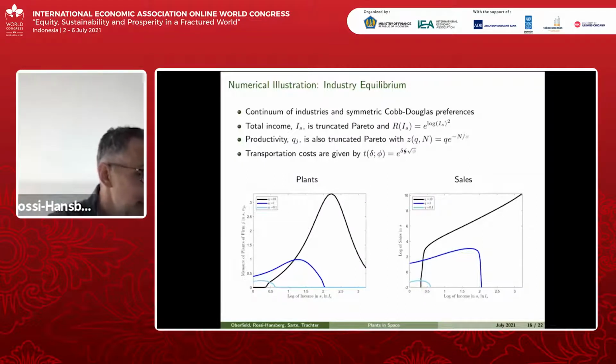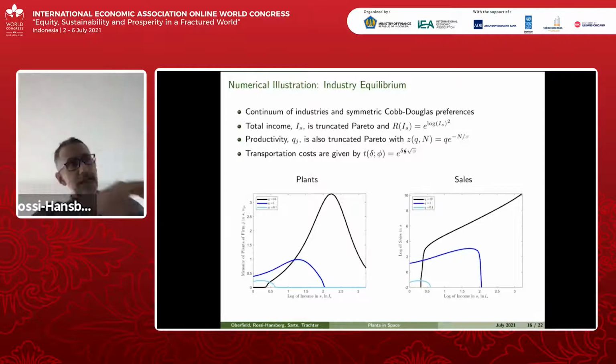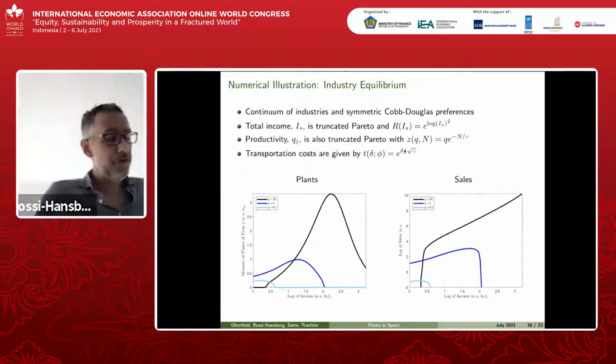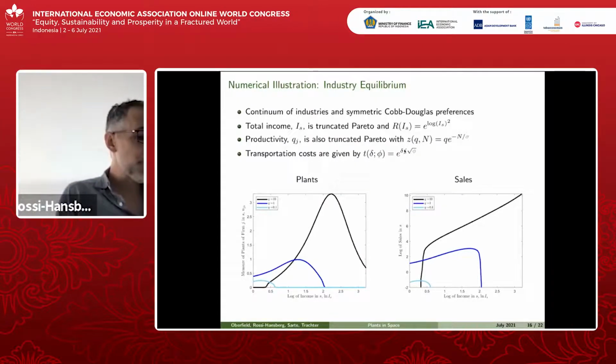And I'm illustrating the presence of the firms in the different locations for three different sets of firms. The equilibrium is calculated for a whole distribution of firms, but I'm just showing you three particular ones: very productive firms, which is the black, intermediately productive firms, which is the dark blue, and the less productive ones, which are the light blue.